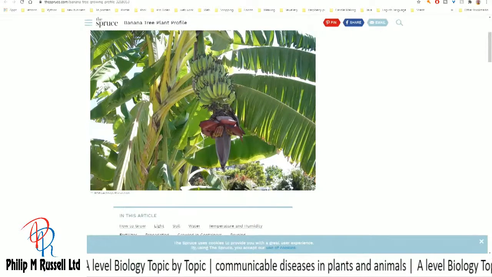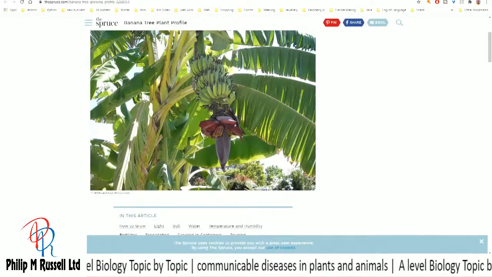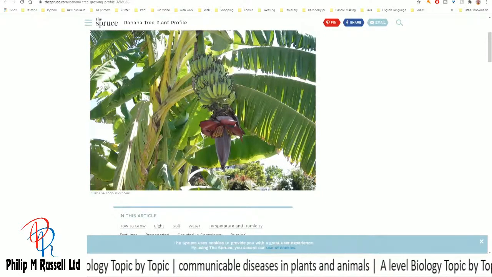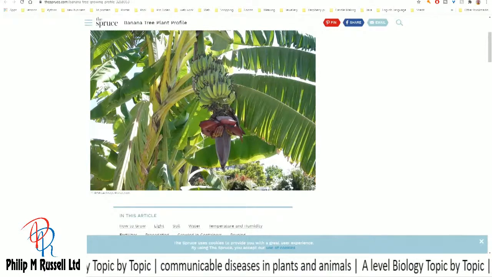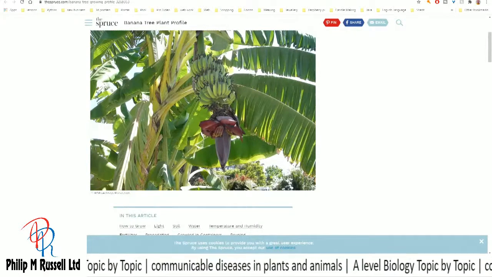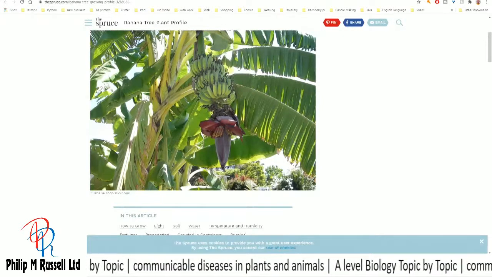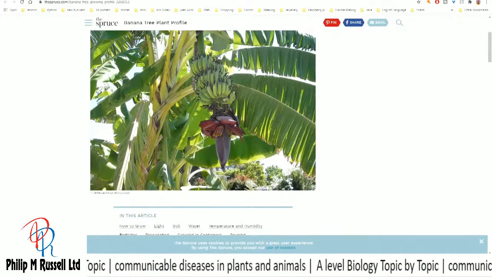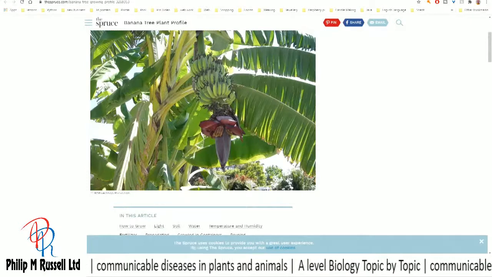And the banana basically doesn't have any seeds. Bananas are grown in probably around 130 odd countries where they're a major economic cash crop. And if this banana is infected by something, then we've got a real big problem.